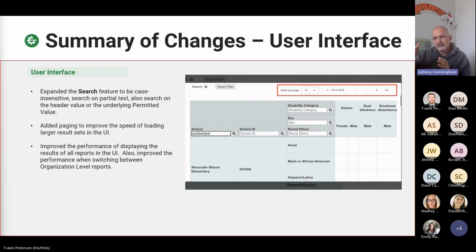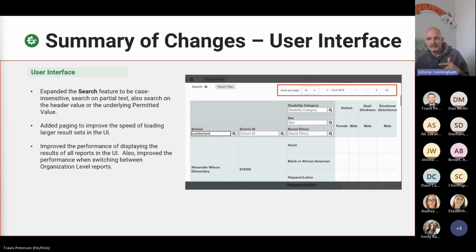But when you got to school, or if you went straight from SEA to school, it could take a significant amount of time before it switched over. So we also did some improvements in the background on how the data is transitioned between those levels. The response will be faster when you're switching between organization levels.